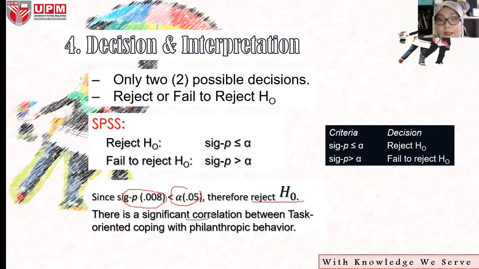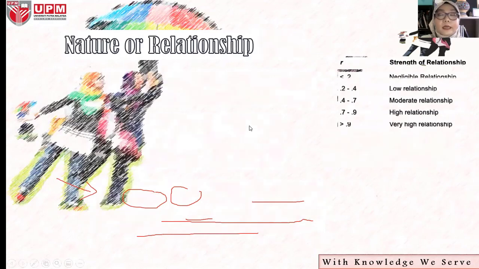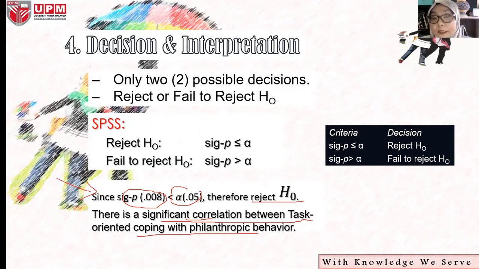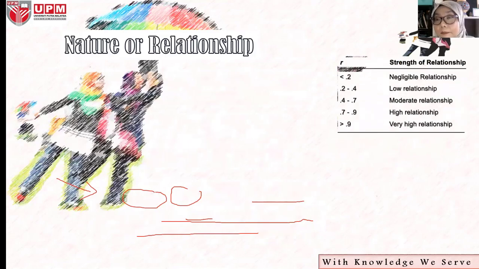Okay, the results indicated that there is a significant correlation between task-oriented coping and philanthropic behavior. So this is the conclusion for the result. So we are done coming up with the conclusion regarding the significance of the result. But based on the value itself, the R value 0.341, now we need to elaborate further in terms of the direction of the relationship and the strength of the relationship.